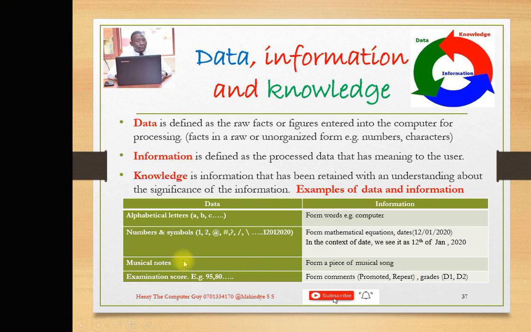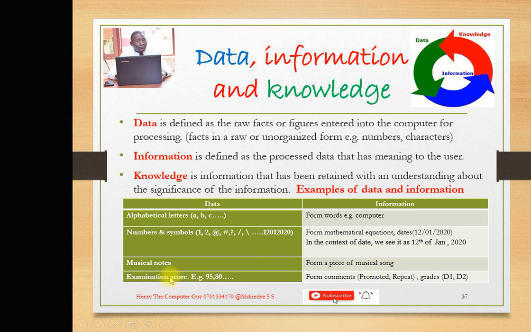Then number 3, we have musical notes. Someone wakes up in the morning, writes something, then forms a song out of it. That is making information. You collect data, you collect some words, you form them into one item, and that one can be called a song. On this side, those musical notes form something we can call a song.